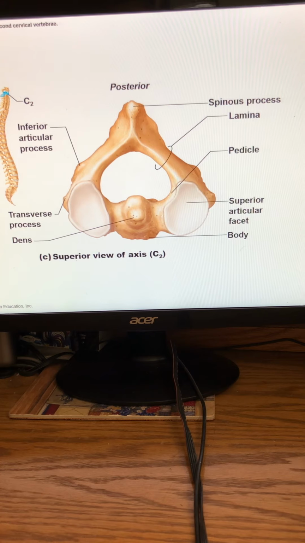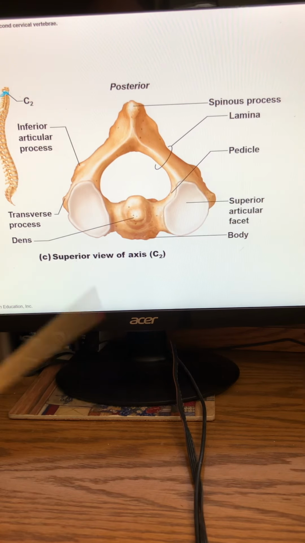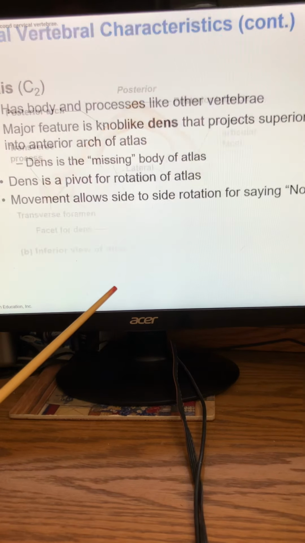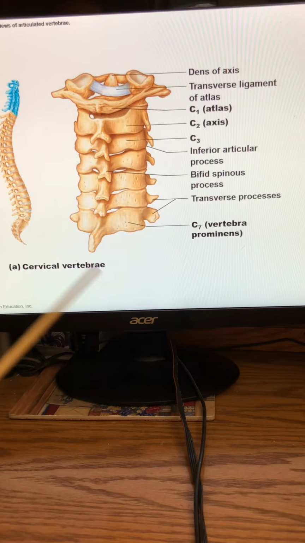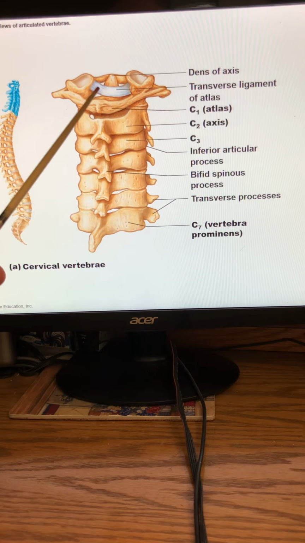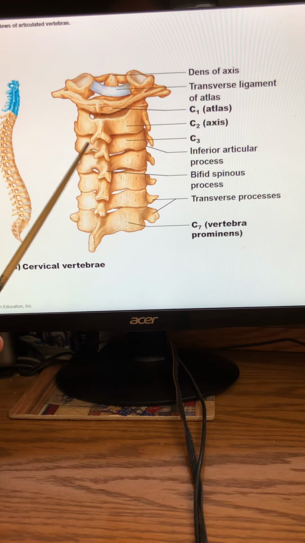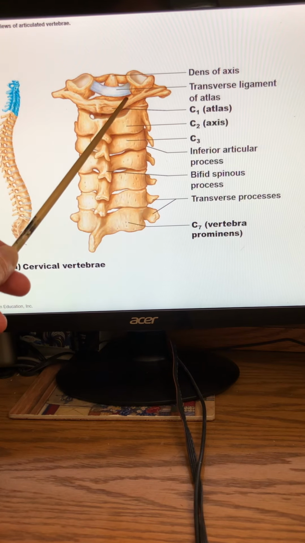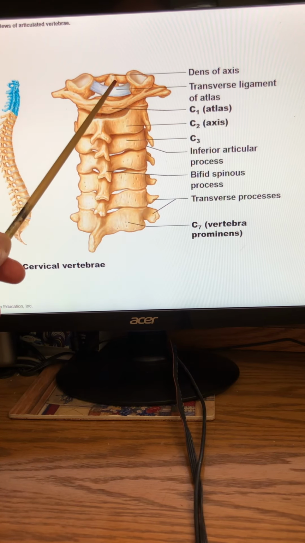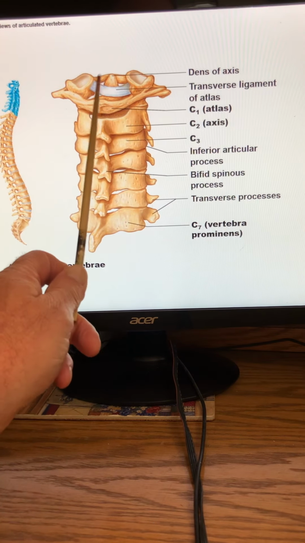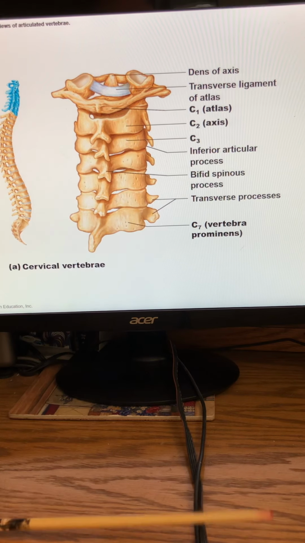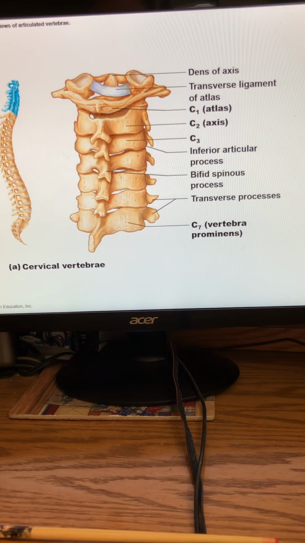It's where the body of the vertebra of C1 would be. So here is C2, you can see the bifid spinous process, and here is this thumb sticking up. That is where the body of the atlas would have been, but it has no body. So just keep that in mind.